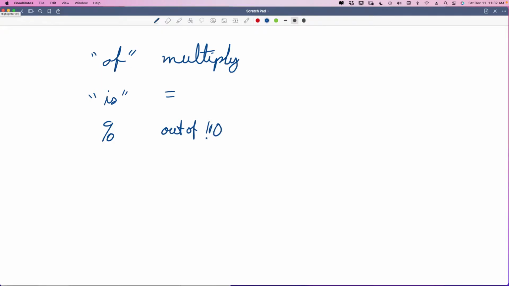And we also need to remember how to turn percent into a number that we could actually do some math with. The way we do that is by taking the percent and turning it into a fraction, which then allows us to turn it into a decimal. For instance, if we have 25%, then we can put 25 over 100 because it means out of 100.